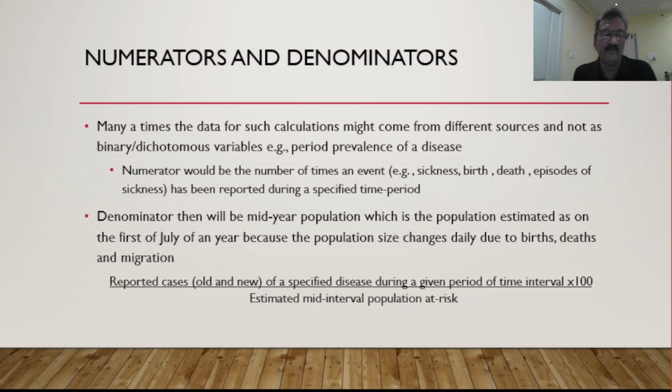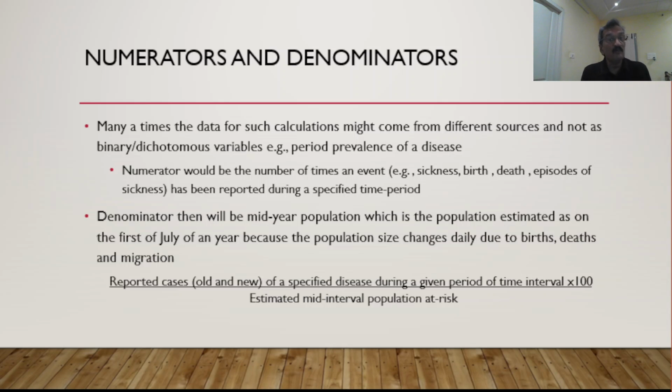How many people reported with the condition in that year? Then I know the population of a PHC is 30,000. I just make a proportion out of that. And that actually is the other side of prevalence, which I call period prevalence, because it's not a point in time, it's actually a duration in time, so it becomes period prevalence of a disease.